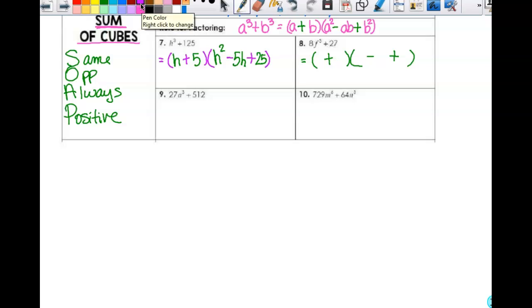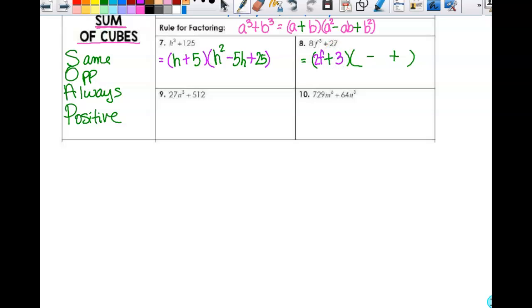What's the cube root of 8f cubed? Well, I got to take the cube root of 8 and the cube root of f. So what's the cube root of 8? 2. So this will give me 2f right here. The cube root of 27 is? So what times what times what gives me 27? 3. Okay.